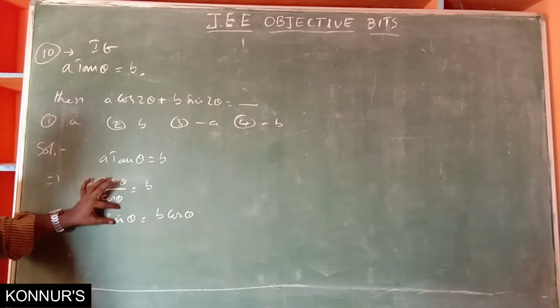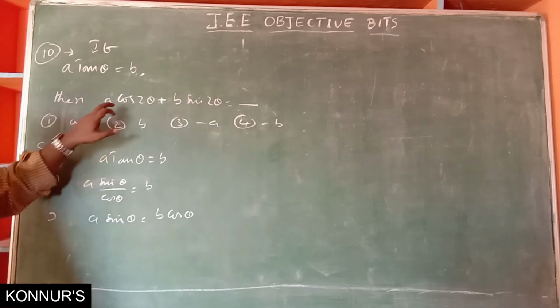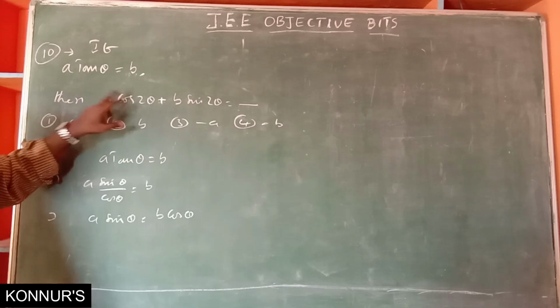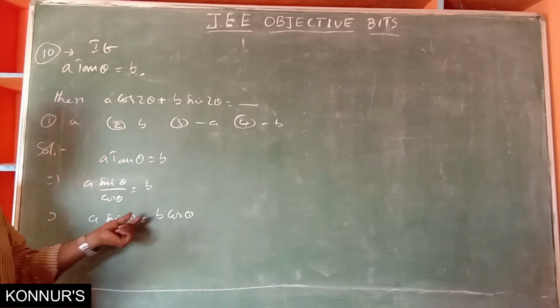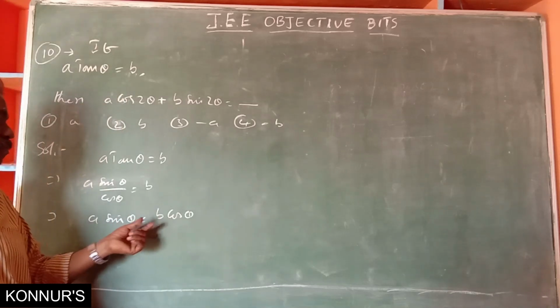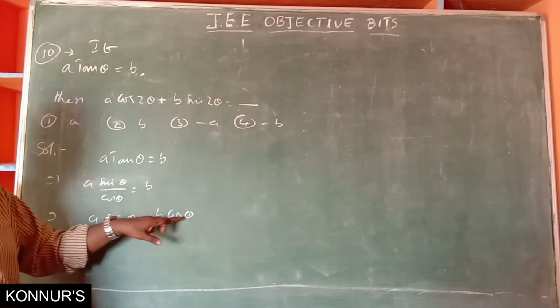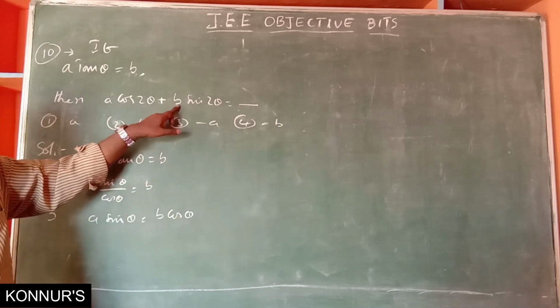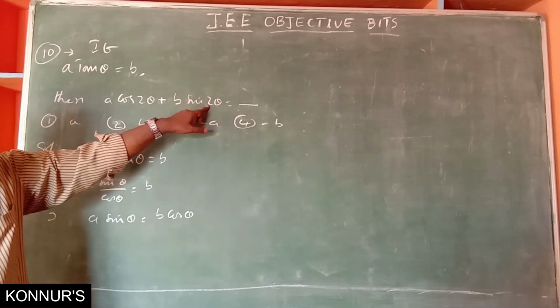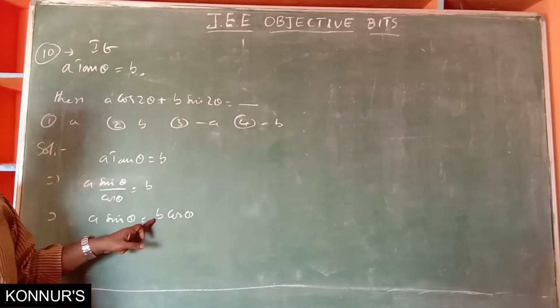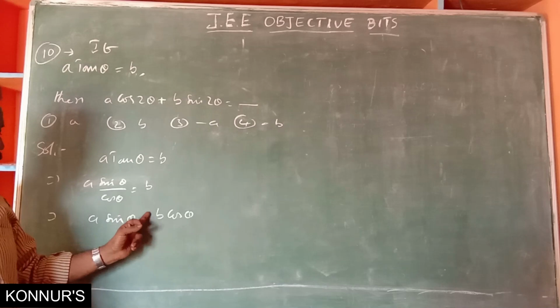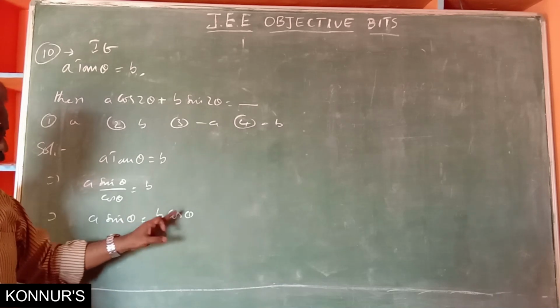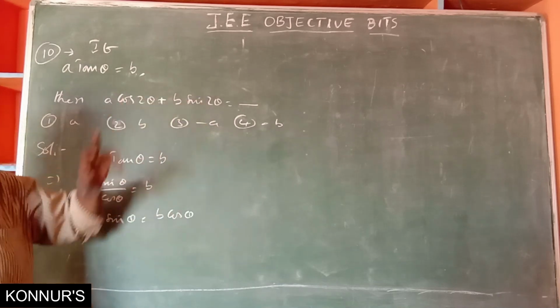By using this result, we have to find the value of this expression. Here a logical thinking is there. Here b cos theta, but in the expression b sin 2 theta is there. By which term, if you multiply this b cos theta, we get b sin 2 theta?